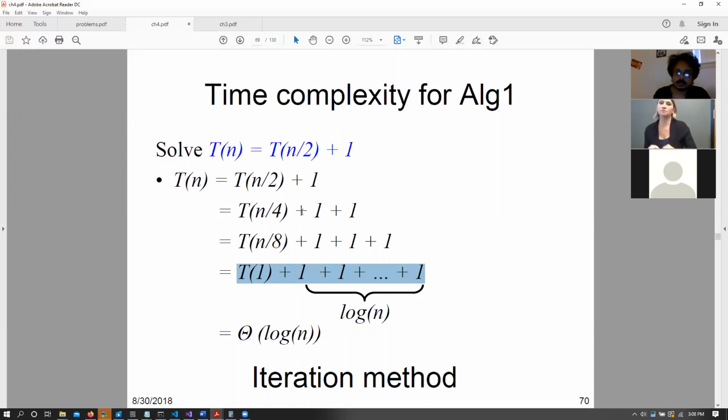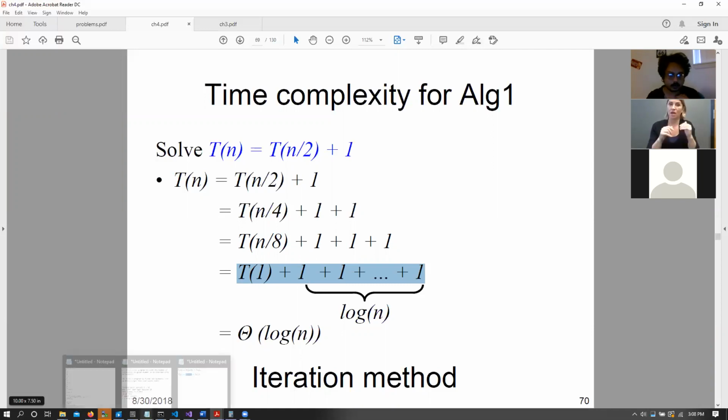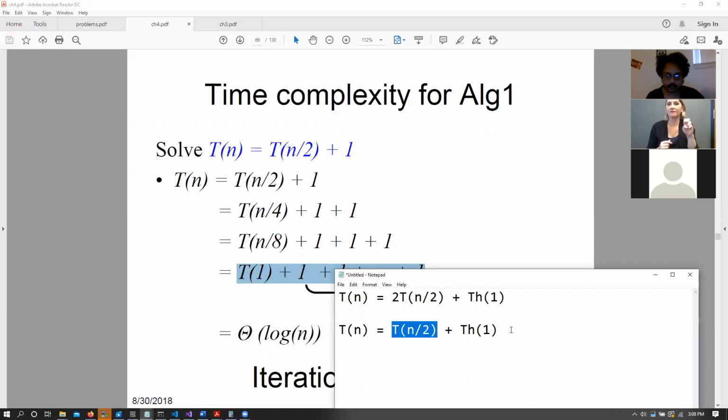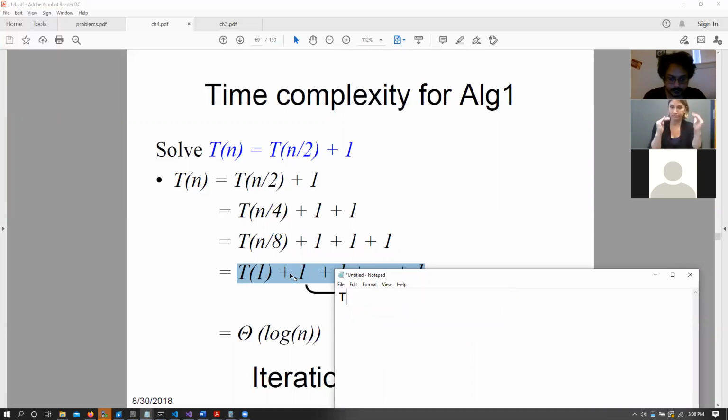So we see here that every time we recursively call our function, and we can look at this in more detail. Let's say that we have T(n) equals T(n/2) plus 1. Now, what is T(n/2)? T(n/2) is going to be, according to the same function above, T(n/4) plus 1, right?